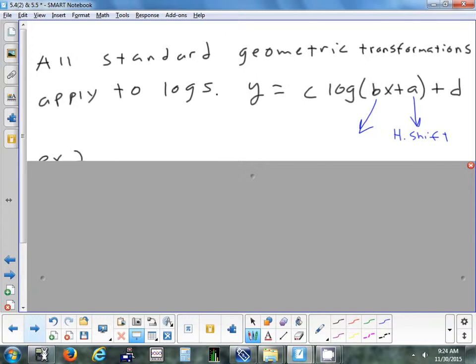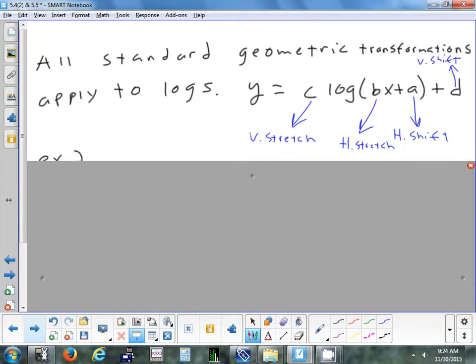All the horizontal stuff is always inside. How about multiplying by a number on the outside? I like the vertical, but it's not a shift. It's a stretch. And D? Vertical shift. That's your vertical shift.